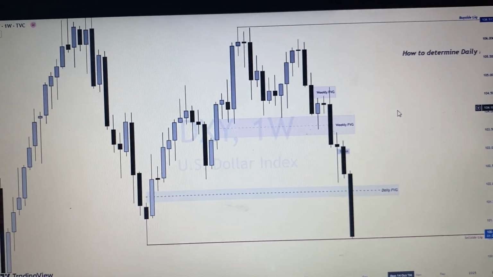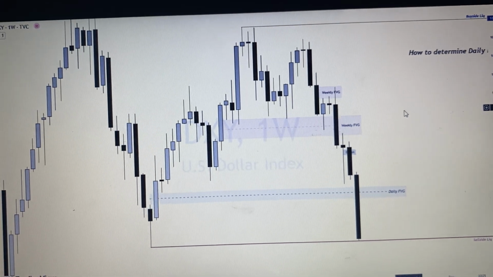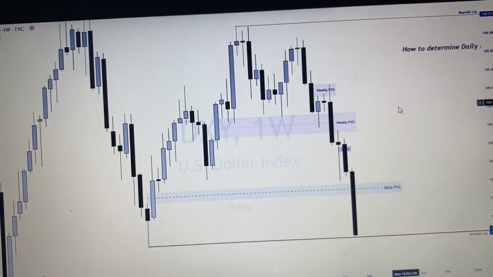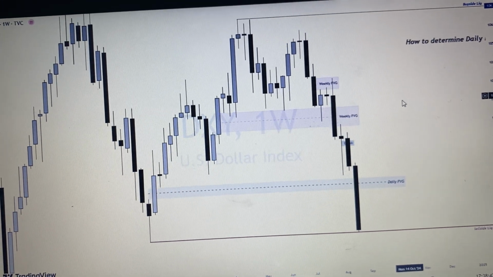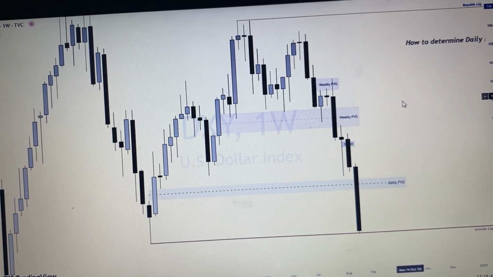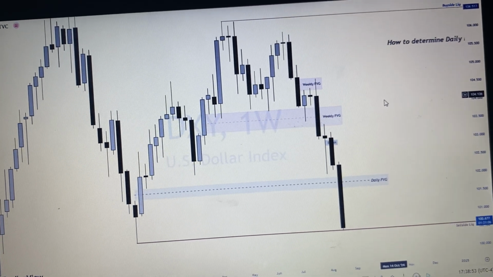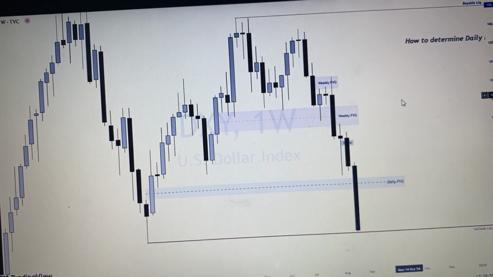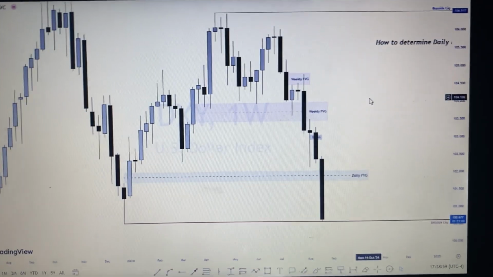People will say it's impossible because they want to sell their stuff, but today I'm going to show you that it's possible to catch these moves. And when I say these moves, I'm not saying NFP kind of moves. I'm talking about these kind of moves. Not one short move happening in split seconds.